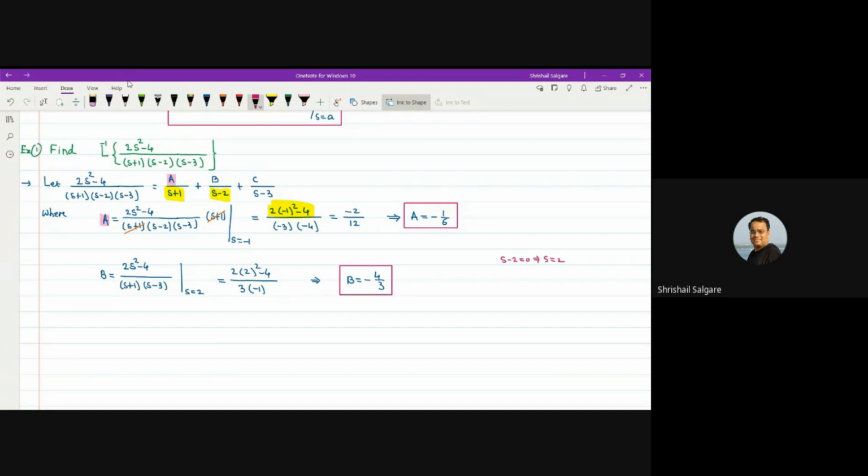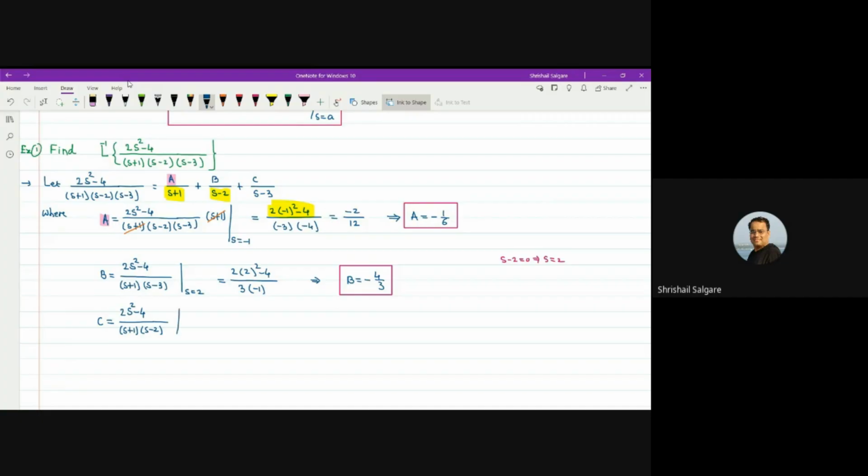Okay, I will continue. See, suppose now the constant C is given by 2s square minus 4 divided by s plus 1 and s minus 2. Is it okay?